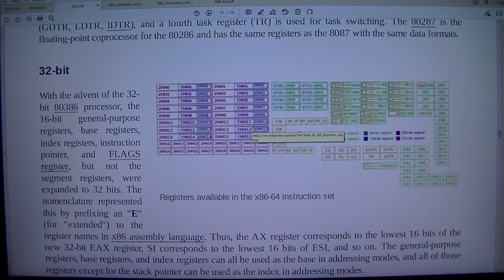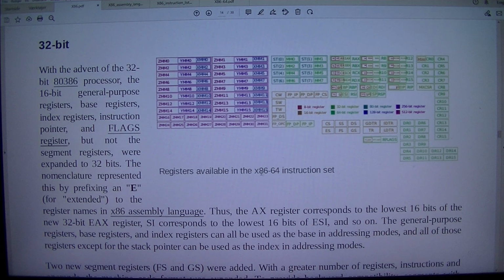32-bit. Registers available in the x86-64 instruction set. With the advent of the 32-bit 80386 processor, the 16-bit general-purpose registers, base registers, index registers, instruction pointer, and FLAGS register, but not the segment registers, were expanded to 32 bits.